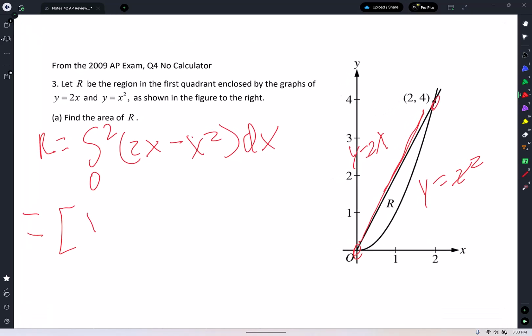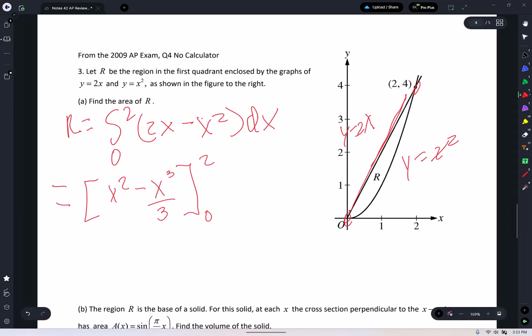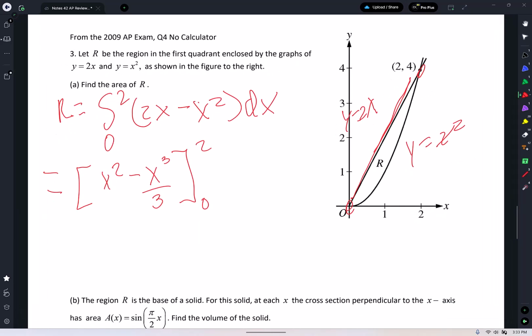It's x squared minus x to the third over 3, just doing the power rule. I'll evaluate that from 0 to 2, and we don't really need to do 0, just 2. So that is 2 squared minus 2 to the third over 3, which is just 4 minus 8 over 3.